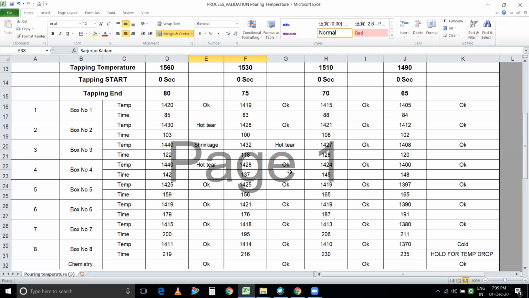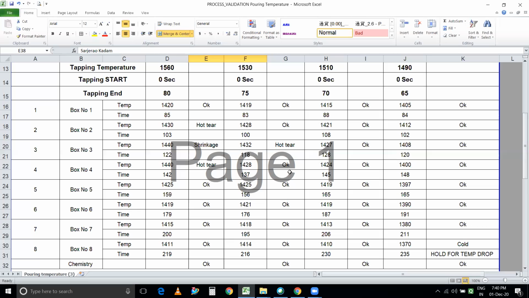Prasad, are the optimization of a process and the validation of a process two different things, or both together? According to me, the purpose of both is the same.